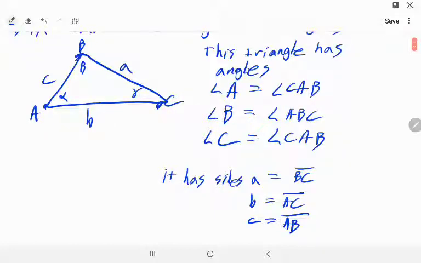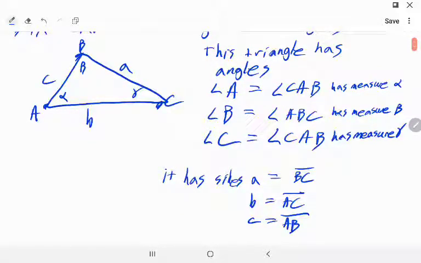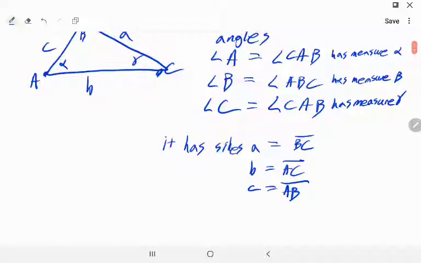And so what we'll do is we can say that angle A has measure alpha, angle B has measure beta, angle C has measure gamma, but we'll get to that later. Basically what we notice is the actual angle and its size tend to be 2 different bits of notation.